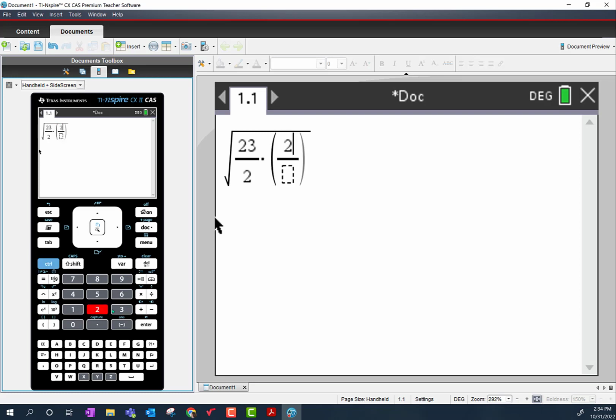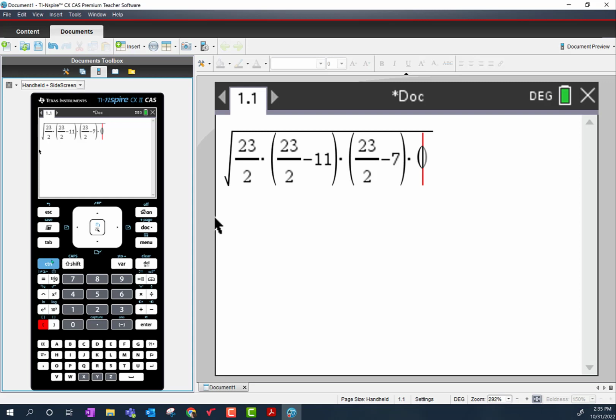So I want a fraction again, 23 halves, and then minus 11. Close those parentheses. Times, open another parentheses, 23 halves, subtracting the next side measure, which was 7. Close those parentheses, times, and this is our last third set of parentheses.